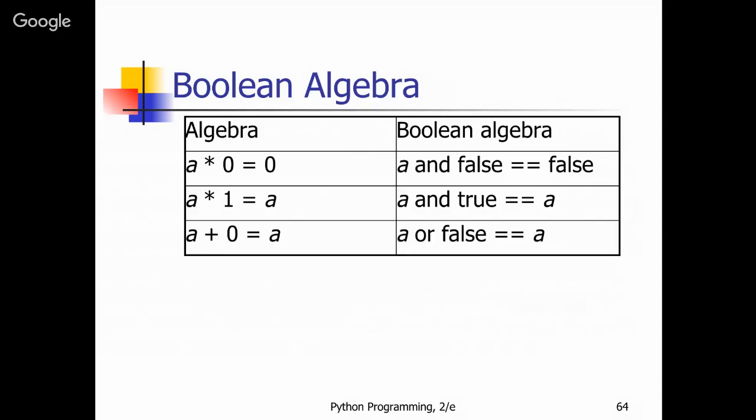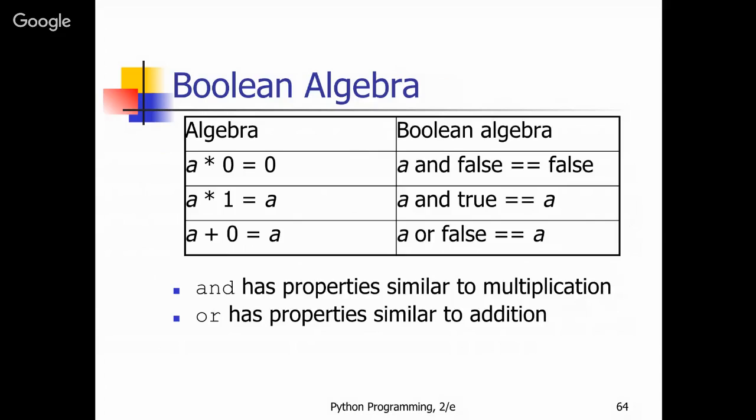So if we have A and false, it's going to result in false, whereas if we multiply A with 1, which is true, it's going to evaluate to A. And if we have A or false, it's going to result in A because this is addition. Not particularly intuitive, but these are some of the rules of Boolean algebra.